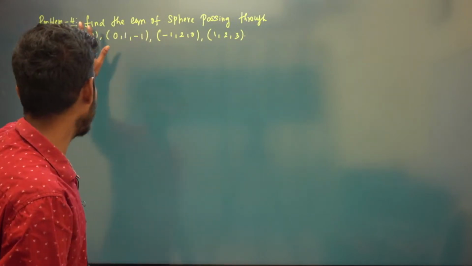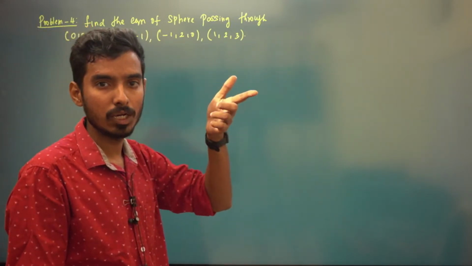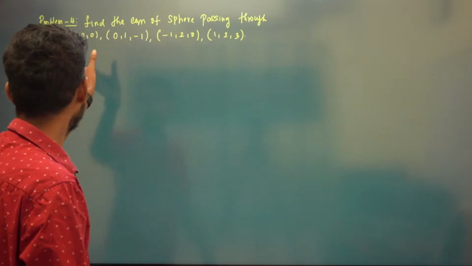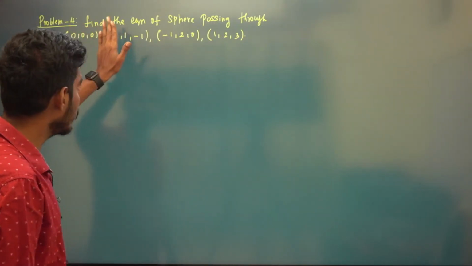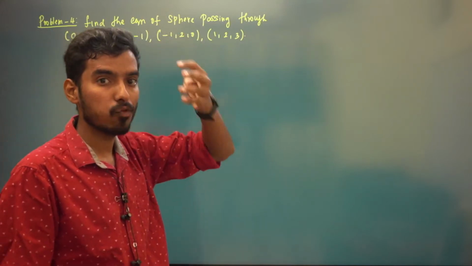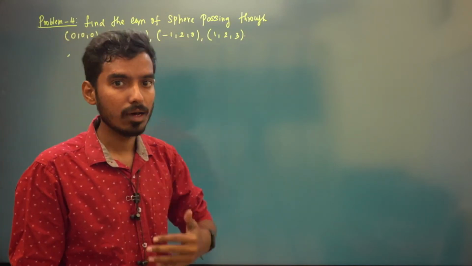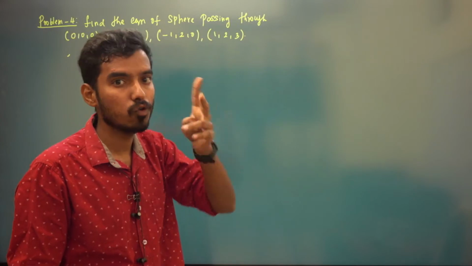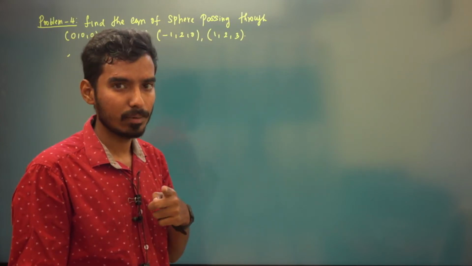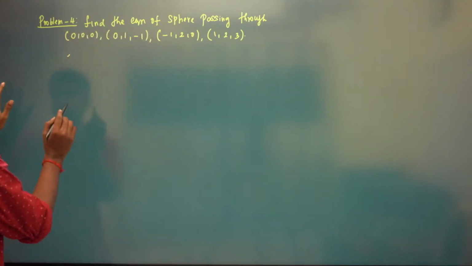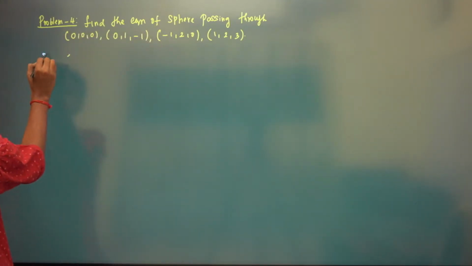If it is passing through origin, you will have three unknowns u, v, w. I think you are getting my point. Okay. So let the equation of sphere be.